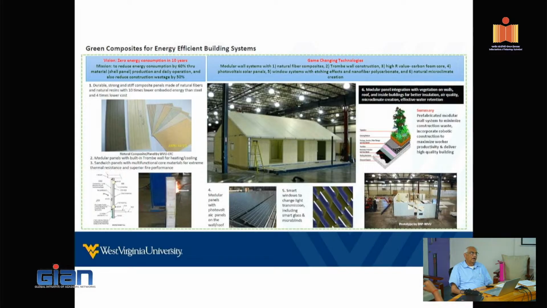What they have is a glass panel with a very finely etched surface which reflects, shuts off the heating spectrum of the light, only lets in the cooling spectrum of the light. So we have panels like that.